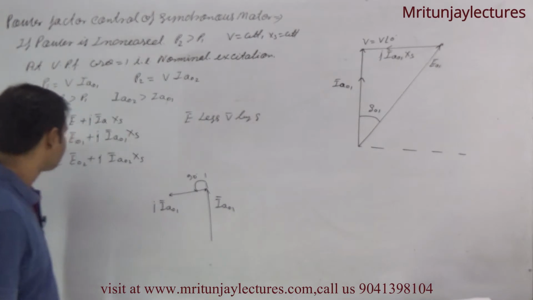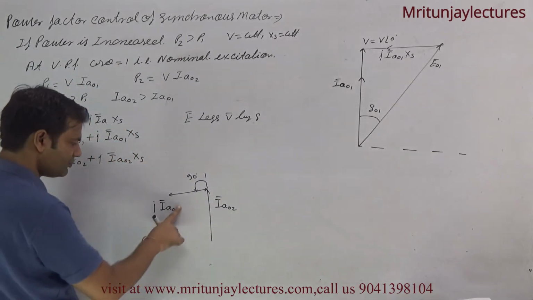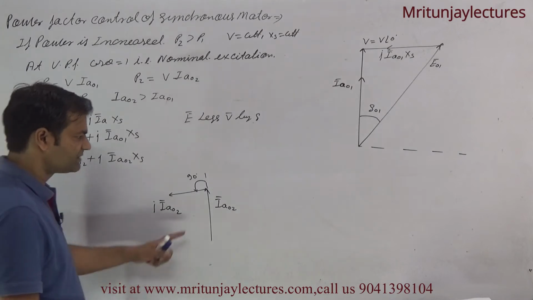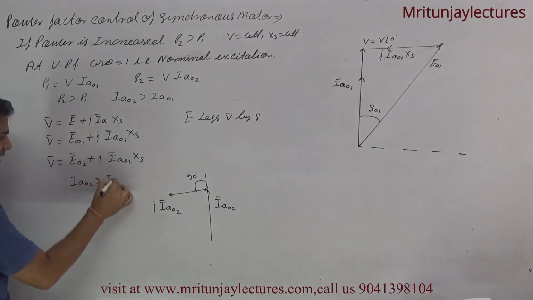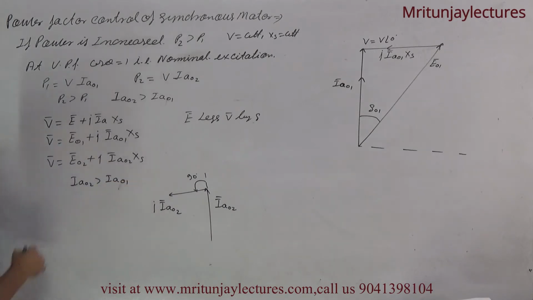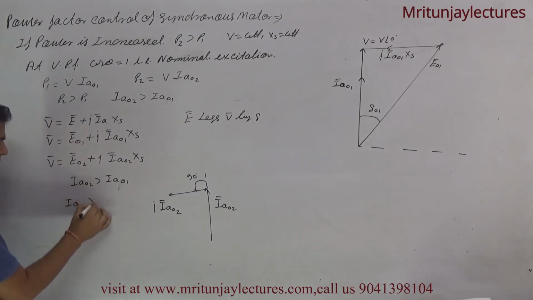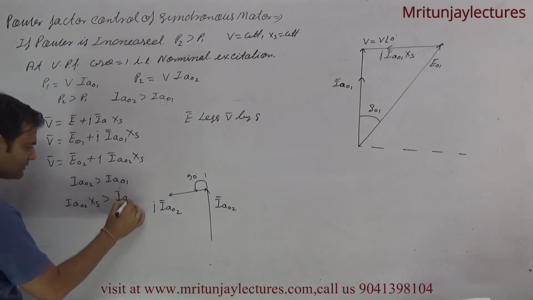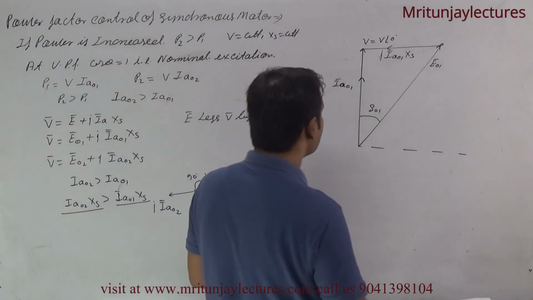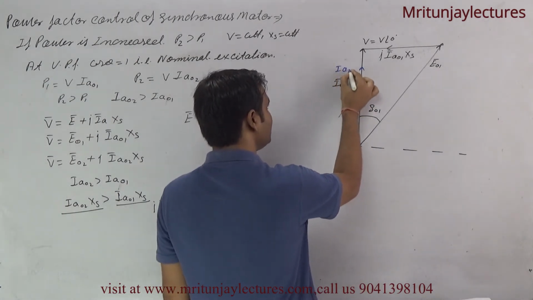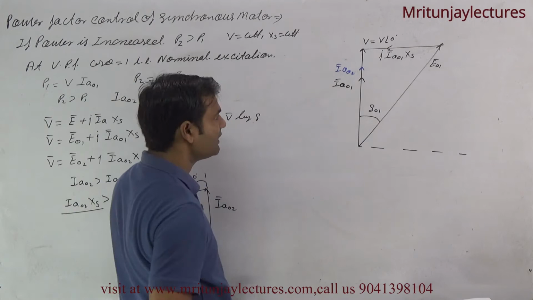Now another way: for IA02, IA02 is represented like this, and you know that IA02 is greater than IA01 in magnitude. So the voltage drop IA02 into X is greater than IA01 X. This current is greater than this one, that's why I represent it like that.